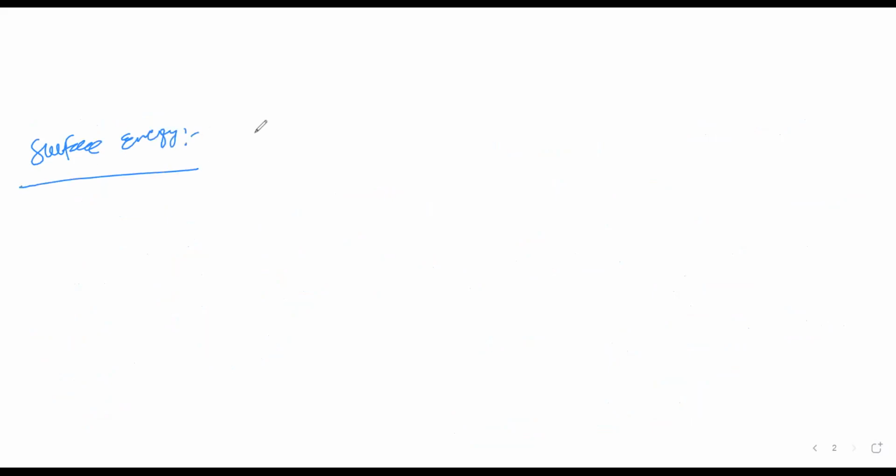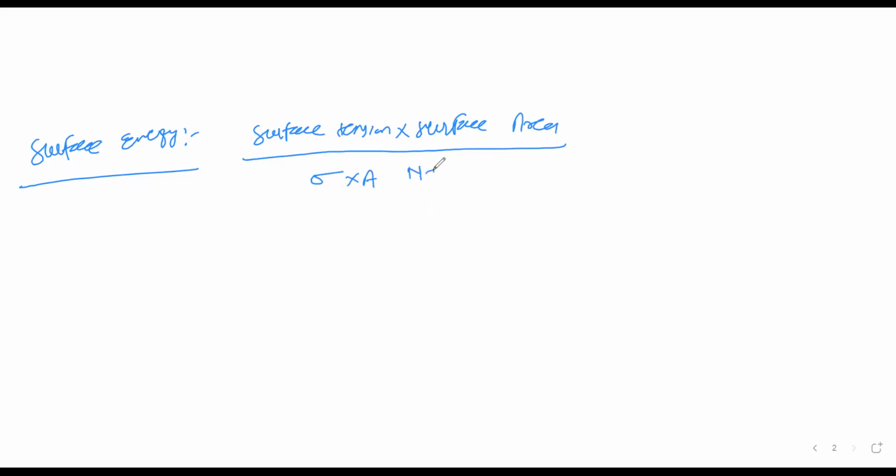The surface energy is defined as surface tension into surface area, that is sigma into A. Or in another way, we can say that the amount of energy required to break a big area into a smaller area, or to break a particle into a smaller number of particles, is called surface energy.